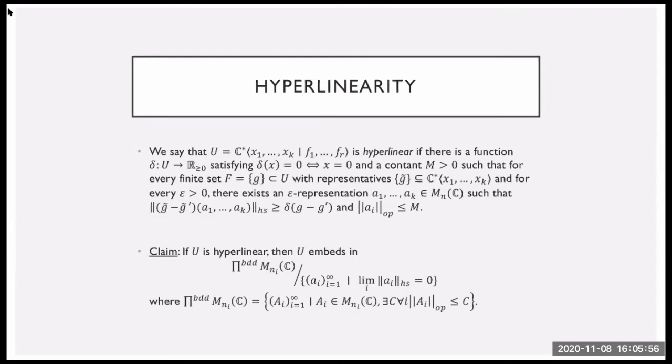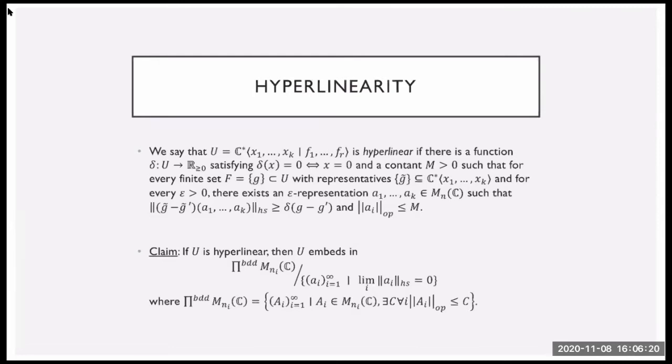And also there exists some constant M, such that for every finite set in this algebra U, with representatives from the free algebra G tilde, so just taking some section of these elements, some inverse image inside the free algebra.